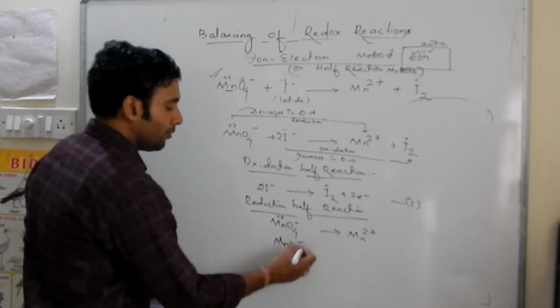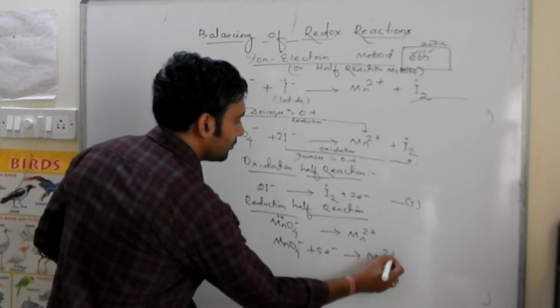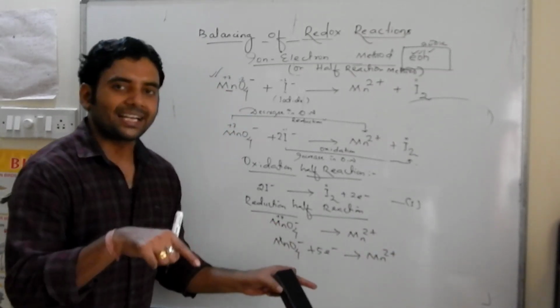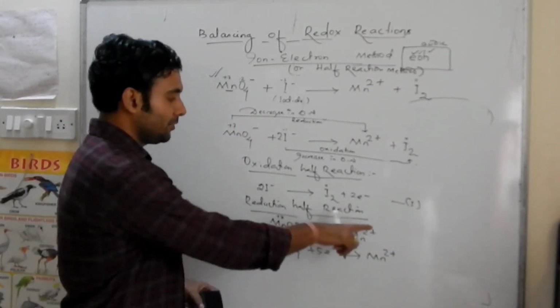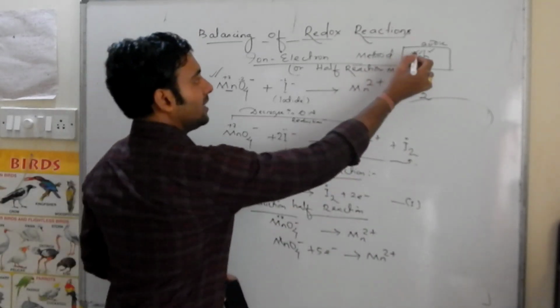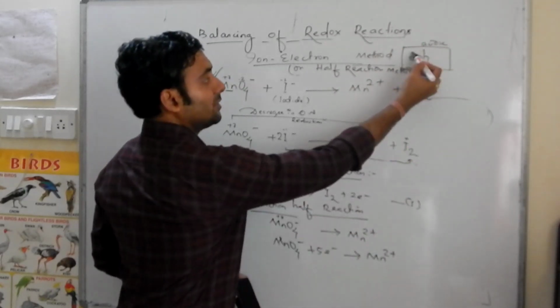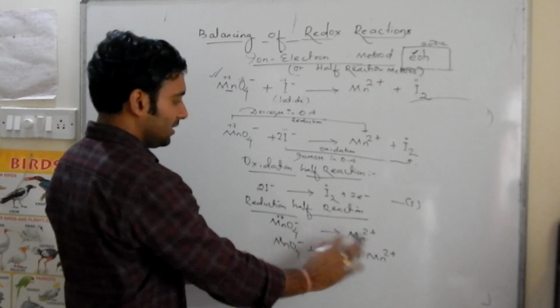So MnO4- plus 5 electrons changes to Mn2+. Because it is reduction, there must be acceptance of electrons. +7 to +2 means acceptance of 5 electrons. So the first step, balancing the equation with the help of electrons: electrons are balanced on both sides.